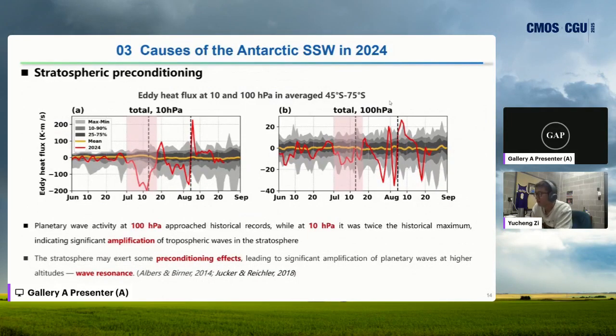So the stratosphere may exert some preconditioning effect, resulting in significant amplification of planetary waves at the stratosphere. We can call this wave resonance. Okay, next.